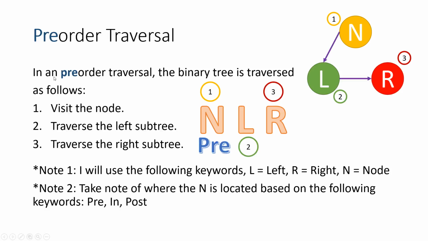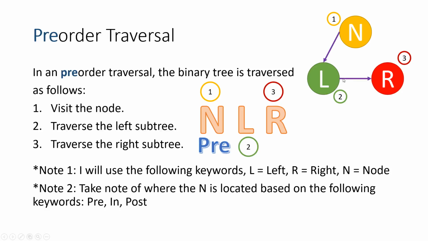So it says here, in a PreOrder traversal, the binary tree is traversed as follows. Visit the node, which is the first one. Traverse the left subtree, so it will go to the left subtree. Traverse the right subtree, and it goes to the right subtree. So that's the order of how you do the traversal.